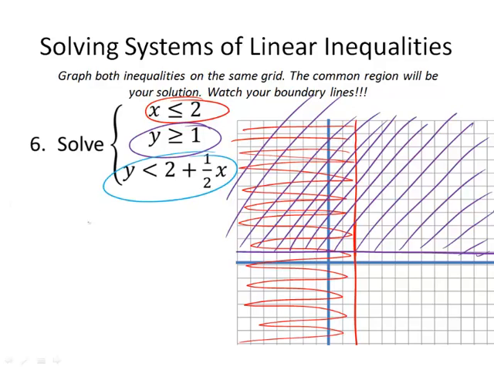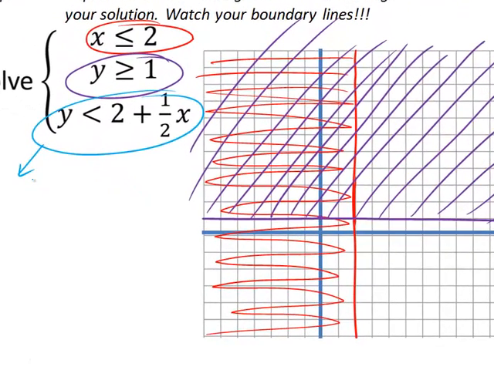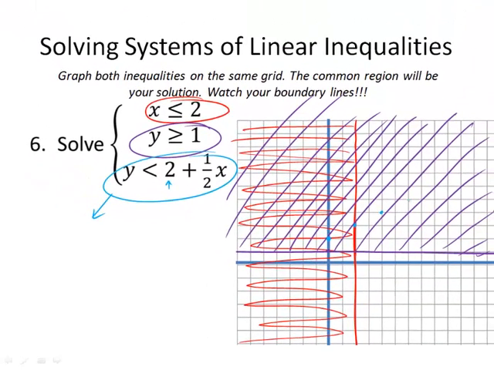Now let's take this third one in blue. It's already solved for us, so we can start at the y-intercept of 2 and travel up 1 over 2, up 1 over 2, up 1 over 2. So all these points are on there, and it is not including the line, therefore we want to have a dotted line.